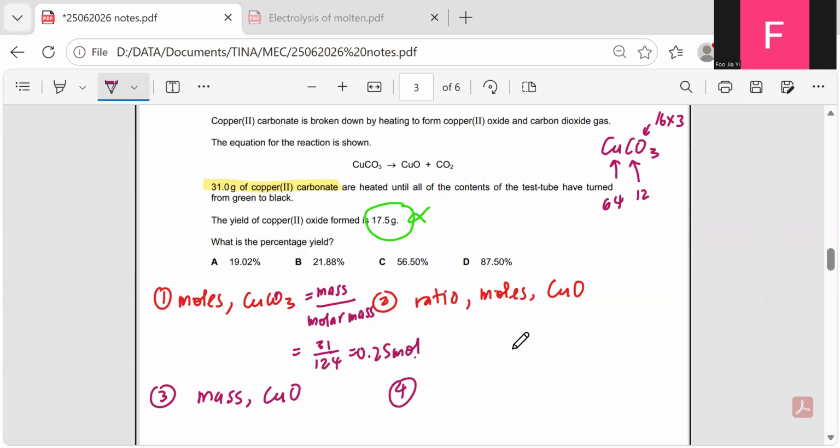Okay. So if this is 0.25, is this also 0.25? Yeah. So the moles of CuO is 0.25.